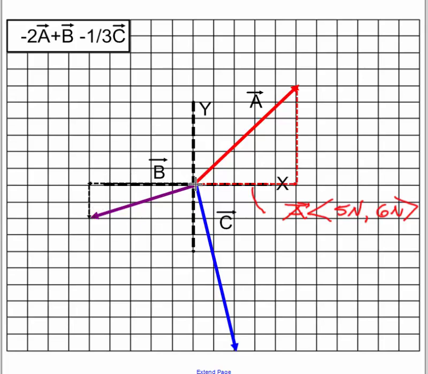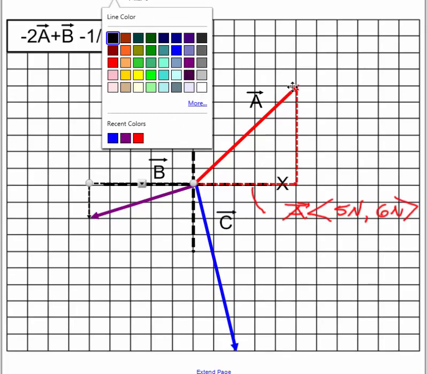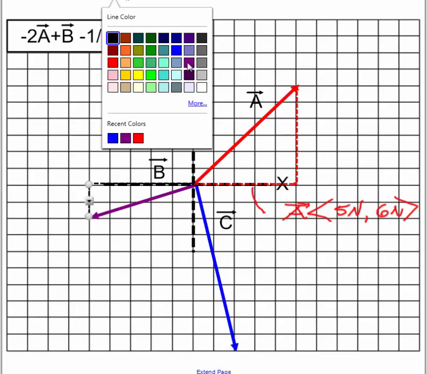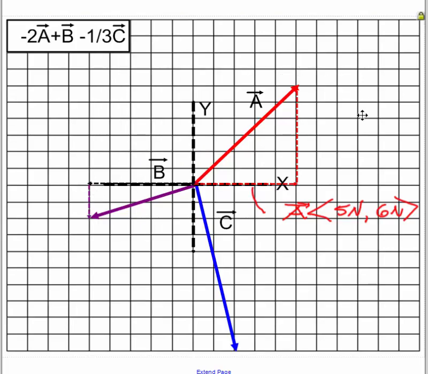Again, adding vectors, tail, tail, head, head. I will color coordinate those with the color of the vector. So I did not color. I'll try to grab it, but make it colored now.